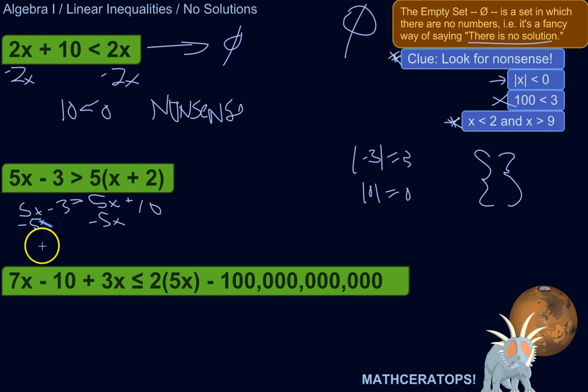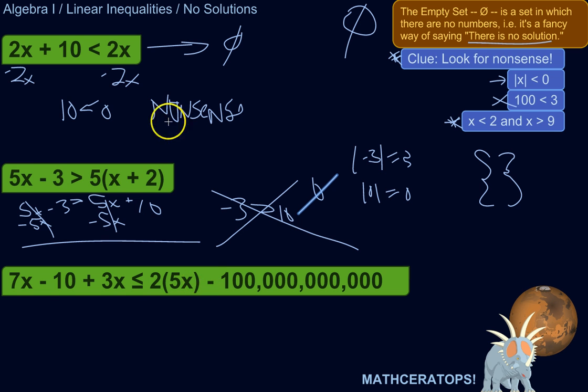I subtract both sides of the inequality by 5x, so this is gone, and this is gone. 5x minus 5x is 0. So we've got negative 3 is greater than 10, which is not true.